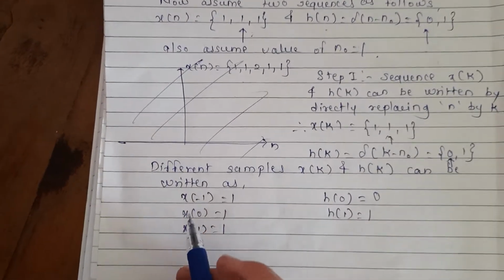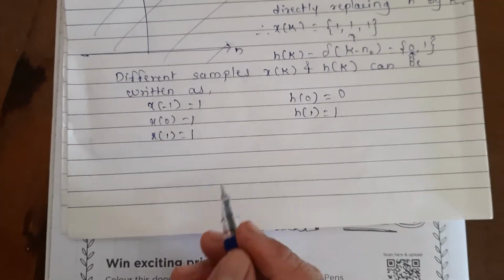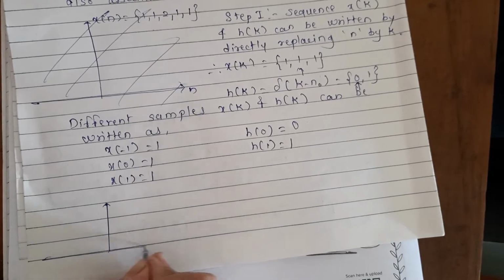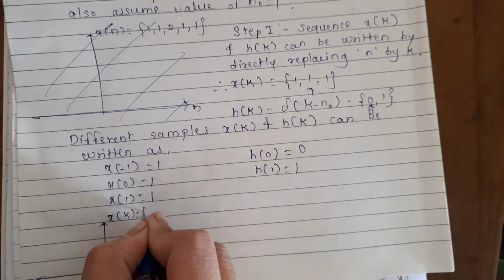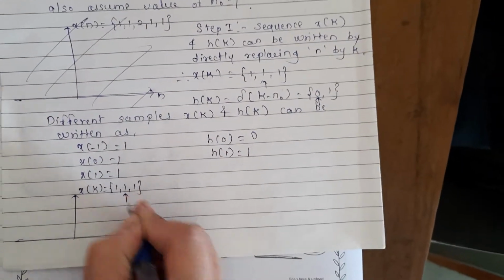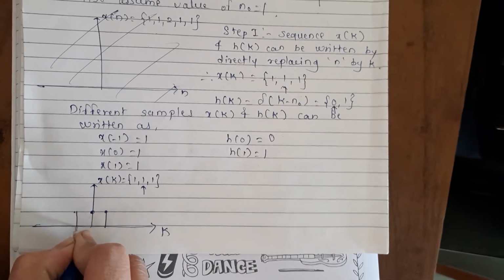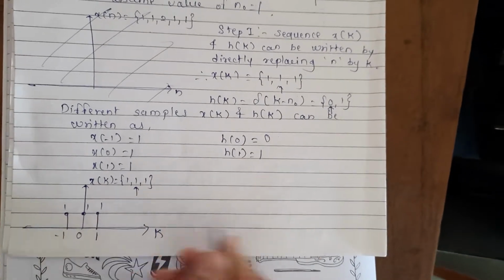Now we have to plot x of k and h of k. So we draw for x of k: 1 1 1, and this is k, minus 1, 0, 1.